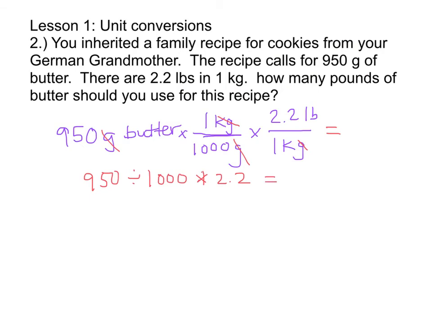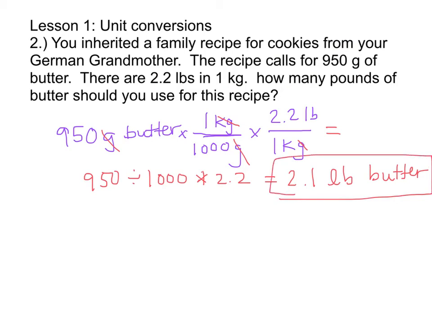And if you do that, you'll get that your answer is 2.1 pounds of butter. All right, and again, we started off with 2 significant figures, so we need to end with 2 significant figures.